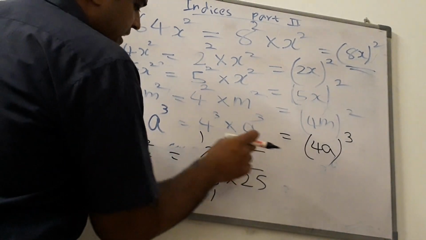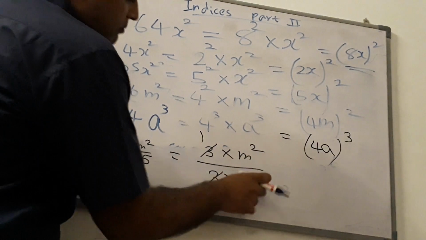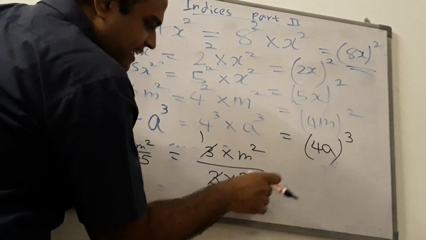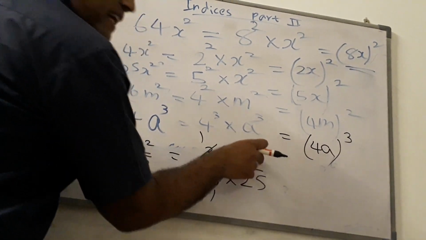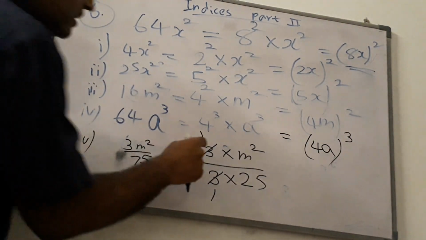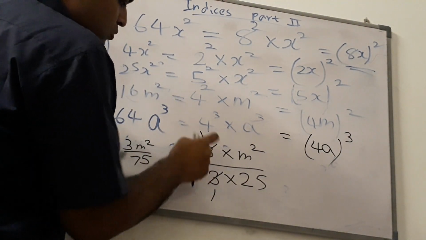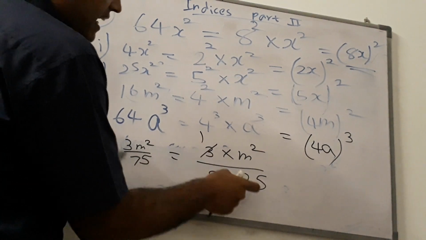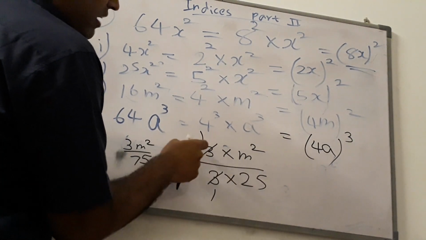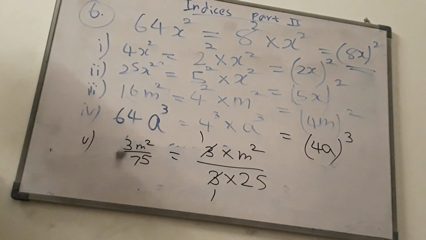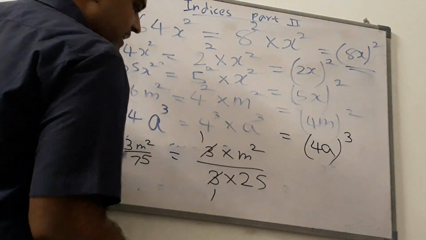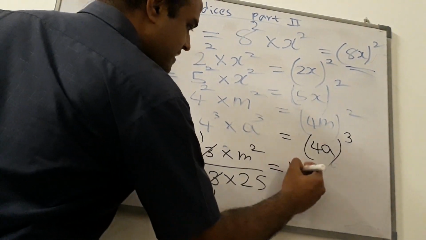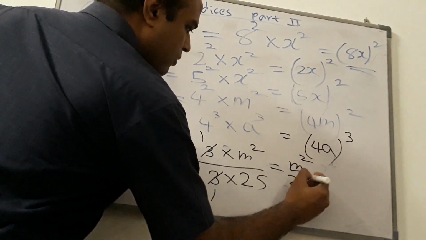Out of the numerator I take this 3, out of the denominator I take this 3. I didn't take 25 here, and I didn't take m squared here either. Only the two 3s are simplified. If we simplify the two 3s, we can't again simplify 25 by 3. So the answer here is m squared over 25.